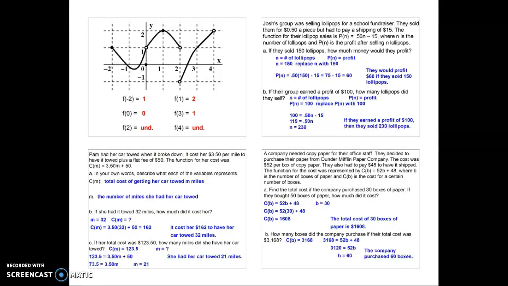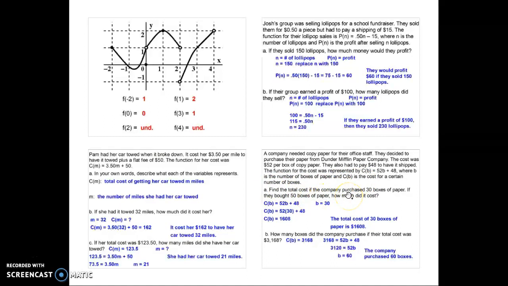So the function for the cost is represented by C of B equals 52B plus 48. They gave you the equation, and they tell you that B is the number of boxes of paper, because it was 52 for each box, so B stands for the number of boxes that they actually had to buy. And C of B is the total cost for that certain number of boxes.